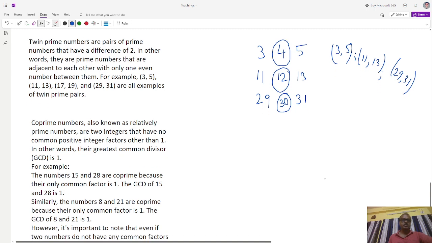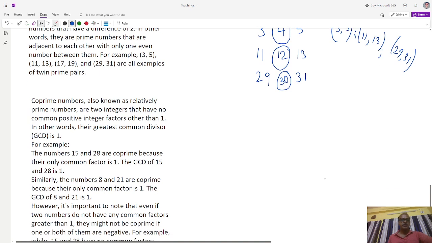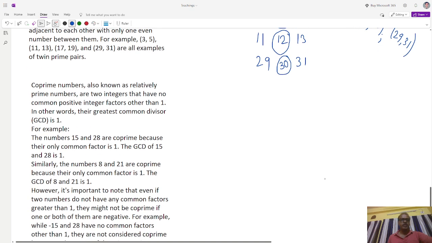In other words, their greatest common divisor is 1. For example, the numbers 15 and 28 are coprime because their only common factor is 1. The GCD, greatest common divisor, of 15 and 28 is 1.